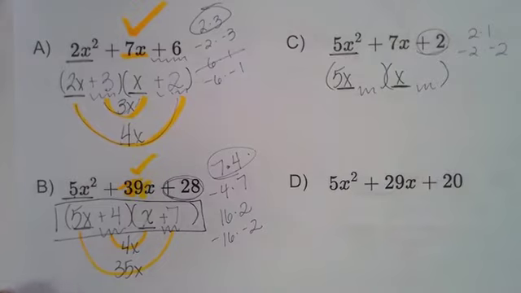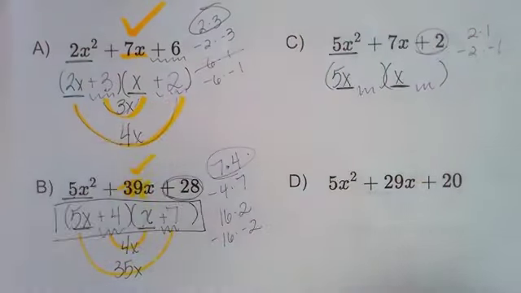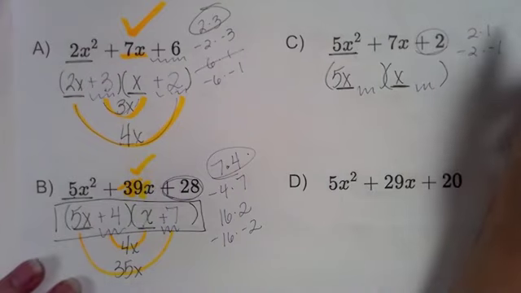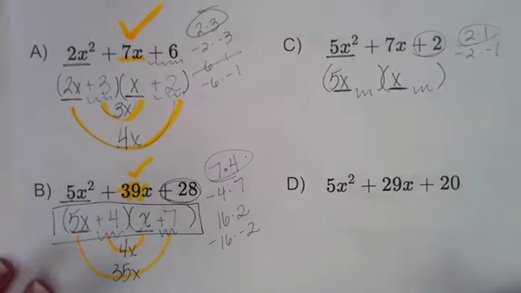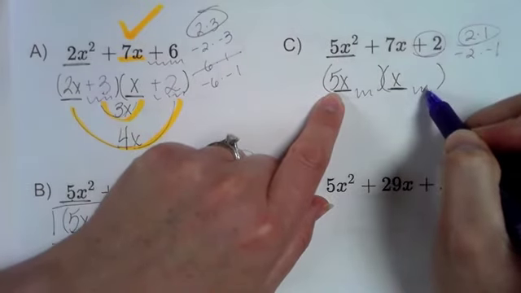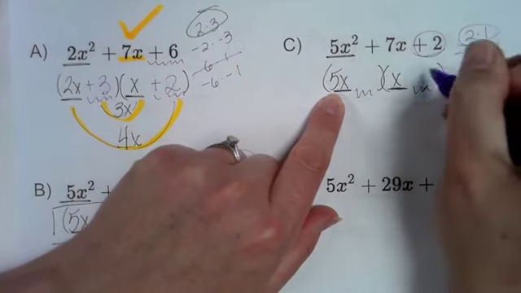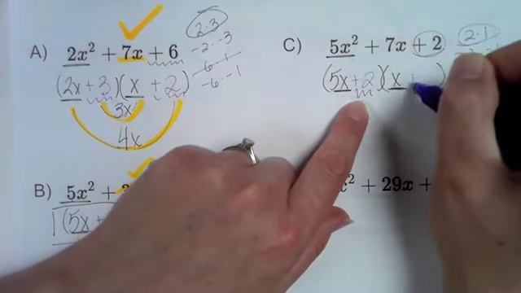Don't forget about the negatives. Okay, what do you want to try? Obviously the positive 2 and the positive 1. Where should we put the 2? Positive 2, let's put it on the left and the 1 on the right.